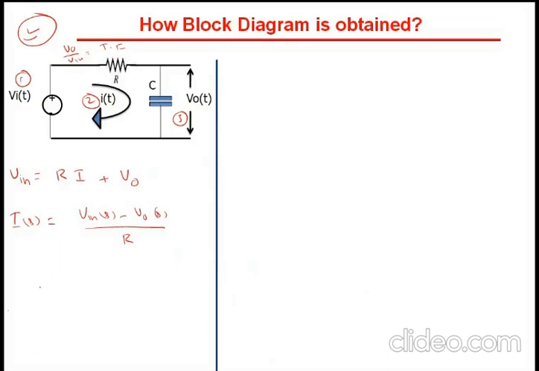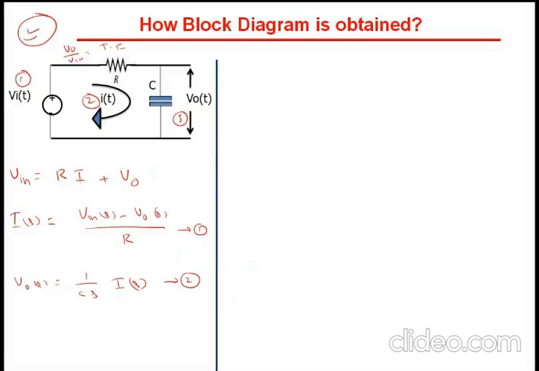Now one more equation I can write: V naught of s is equal to, in terms of current and capacitor, 1 by Cs into I of s. Now considering these two equations, I am going to write the transfer function as V naught of s by V in of s.